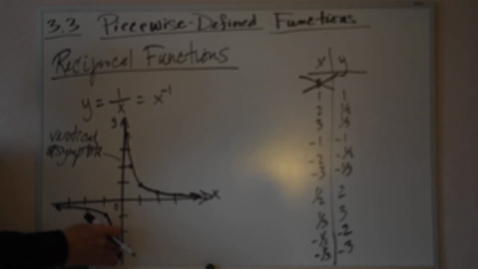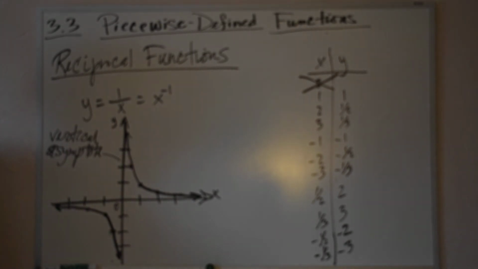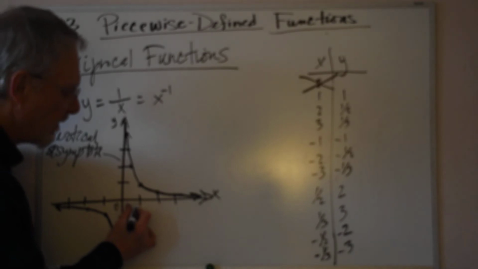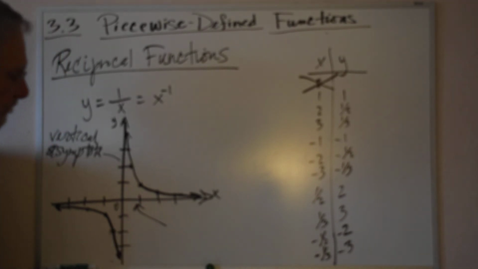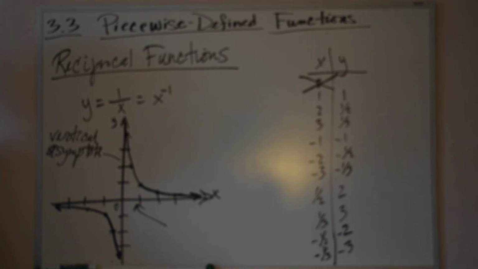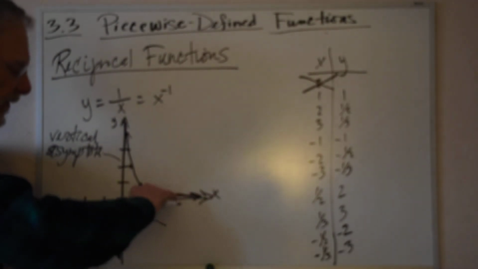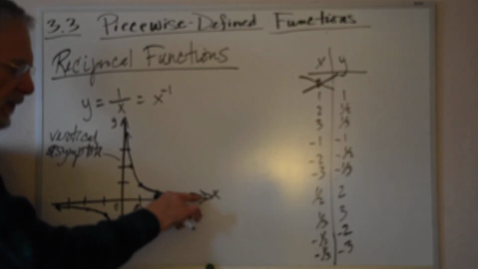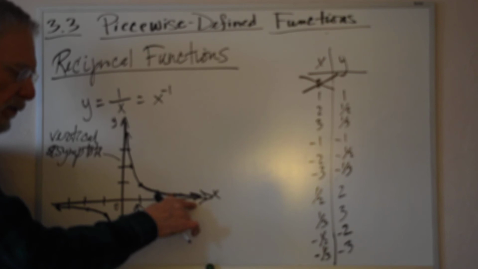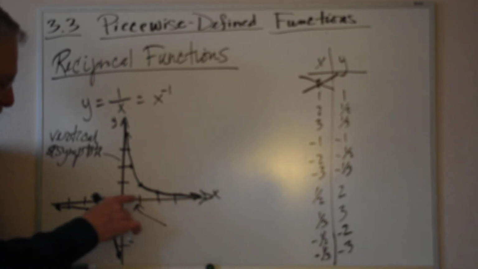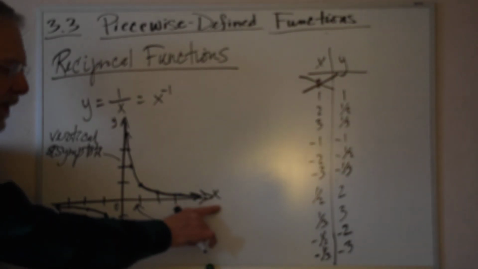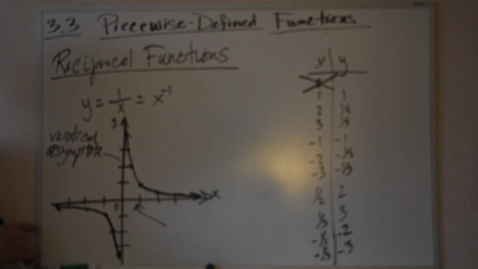In other words, it's the line x equals 0. Then we also have a horizontal asymptote. It's the x-axis. In two places, the curve gets closer and closer to the x-axis without ever touching it, as it goes off to positive infinity and as it goes off to negative infinity.